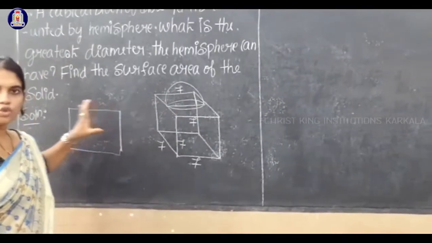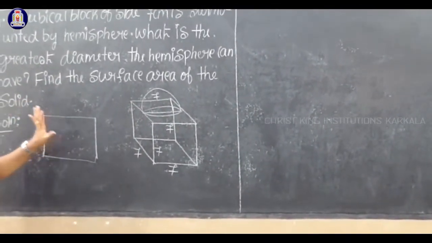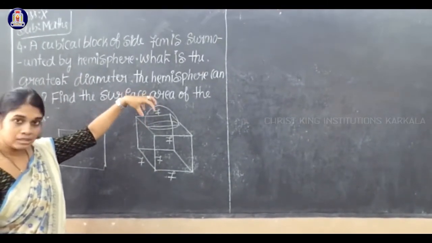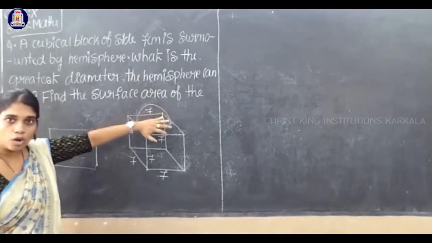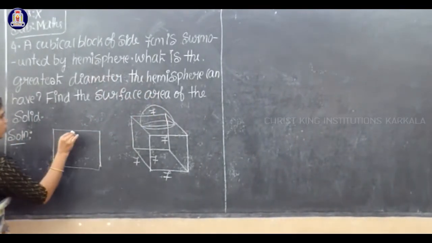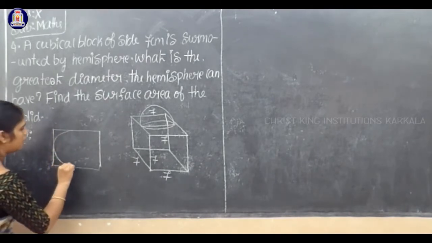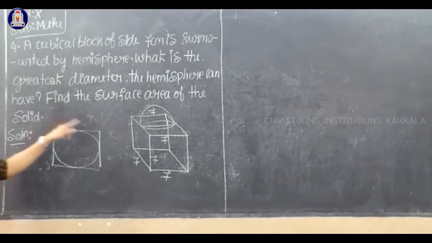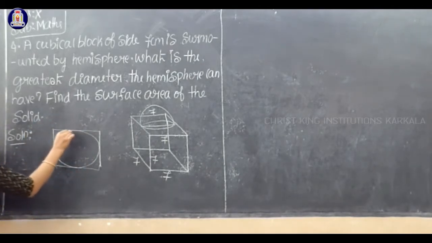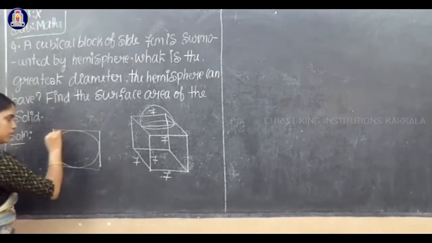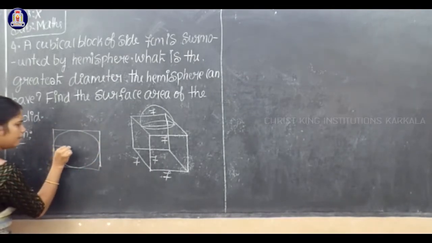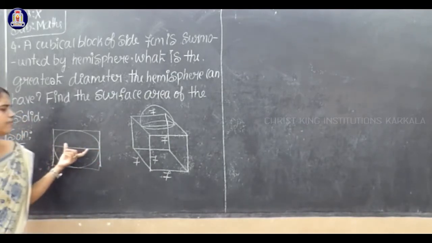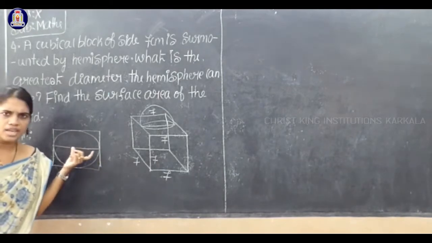The top of the cube is a square. Now the hemisphere lies on this top of the cube. The shape of the base of the hemisphere is a circle, isn't it? This is the base of the hemisphere, and this is the diameter of the hemisphere. So what will be the greatest diameter?